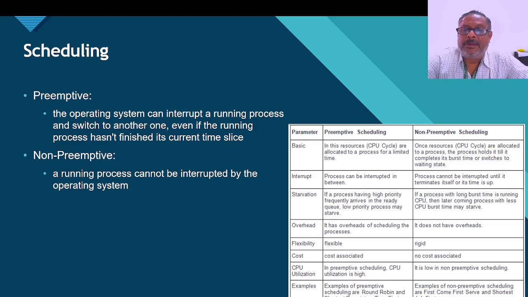Once it is in the ready queue and then switched to the running state, it will not go back to the ready state. It can go back to the ready state only through the waiting state.